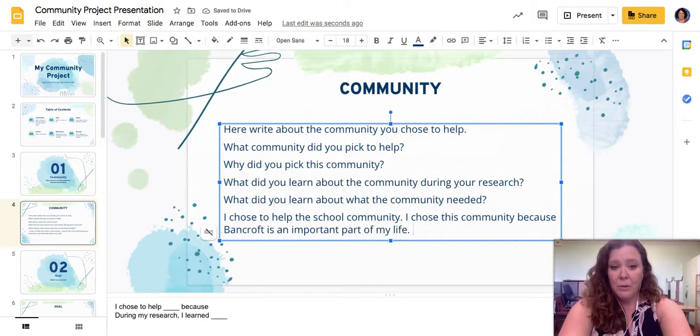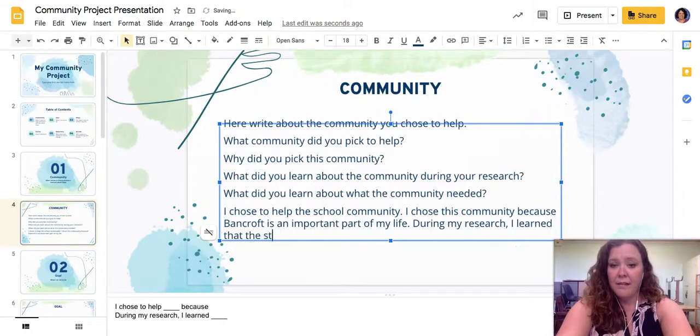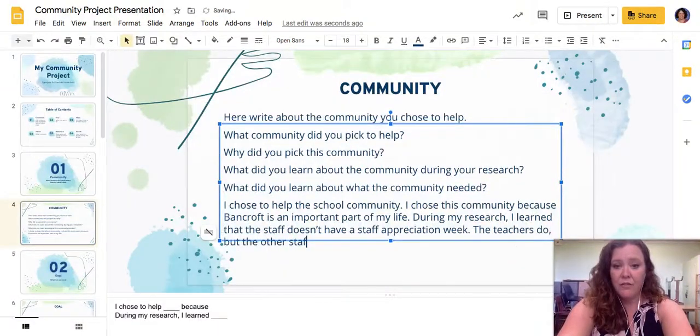And what did I learn about the community during my research? I learned that the staff doesn't have a staff appreciation week. The teachers do, but the other staff does not.